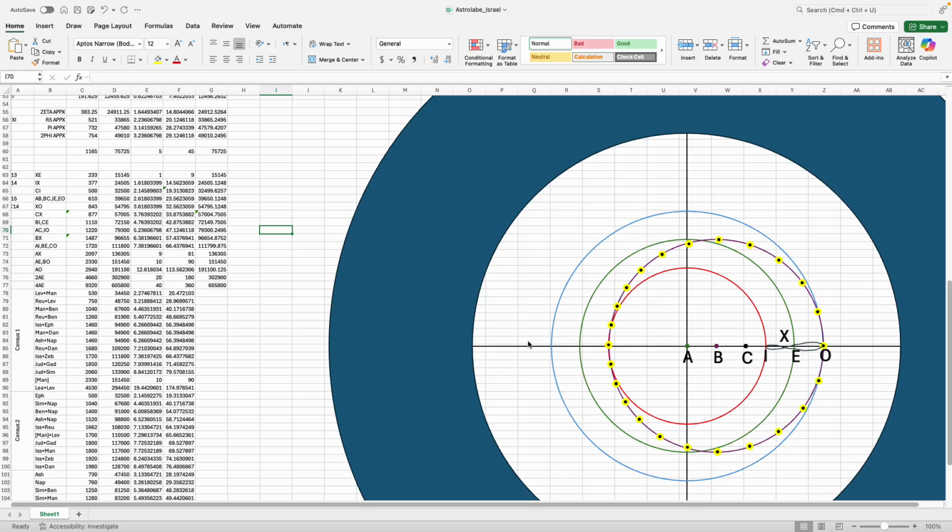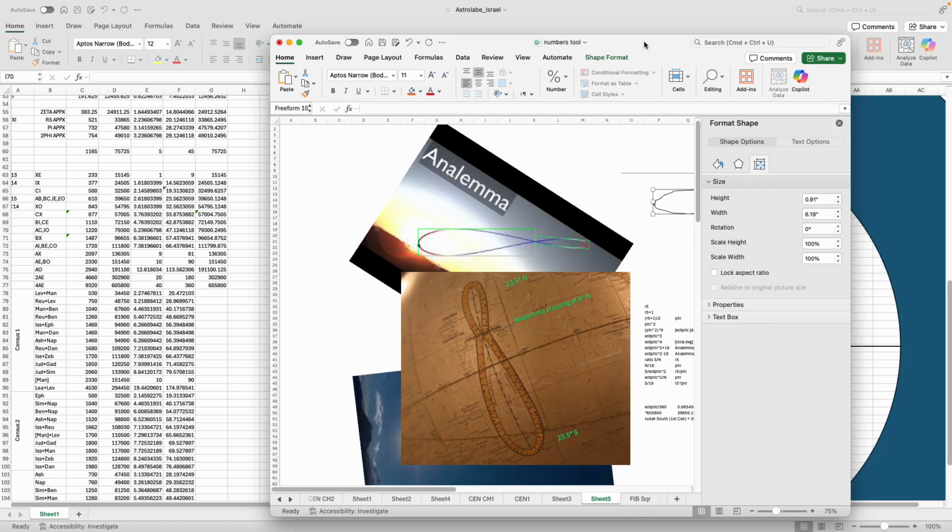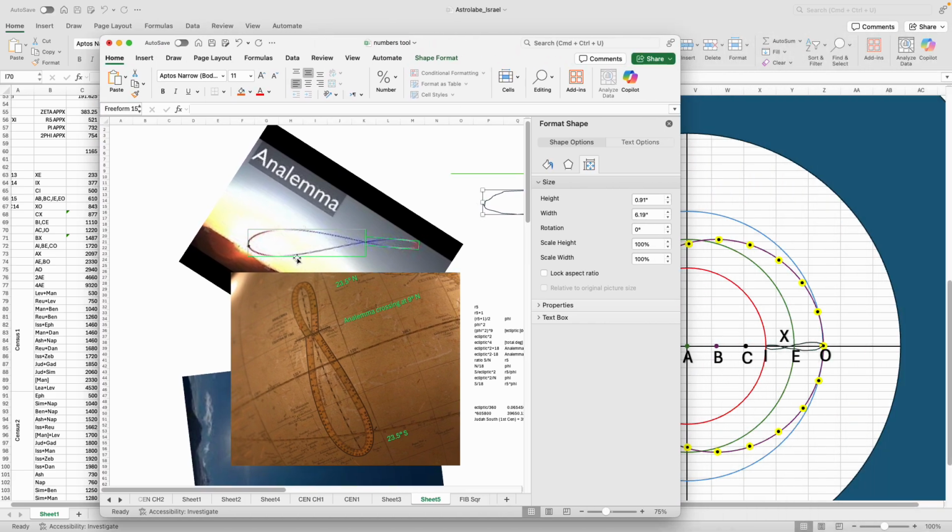But what this does on this setup on these rings, though, is what I did was I took a picture of an analemma, and this analemma right here, I've rotated this.